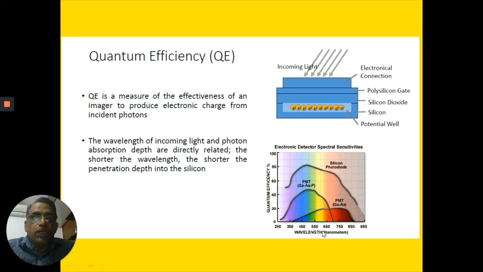So the spectral response basically depends on the photocathode material being used in the detectors. The quantum efficiency and spectral response are very important parameters. They all depend on the material of the photocathode that you are using, which decides the quantum efficiency and the spectral response. So this is one material that decides two properties. That is the important point to look at.